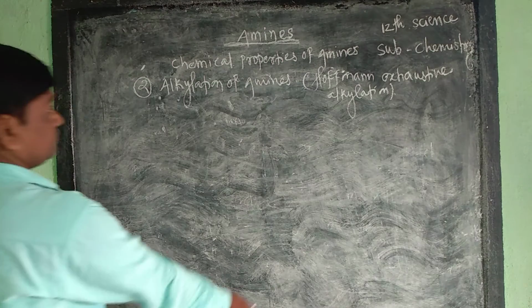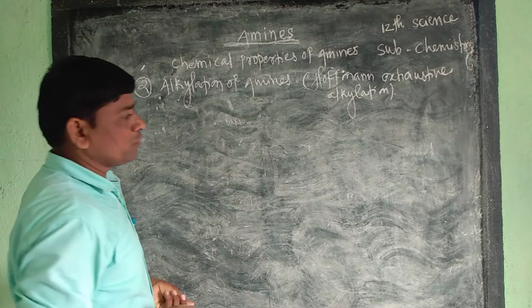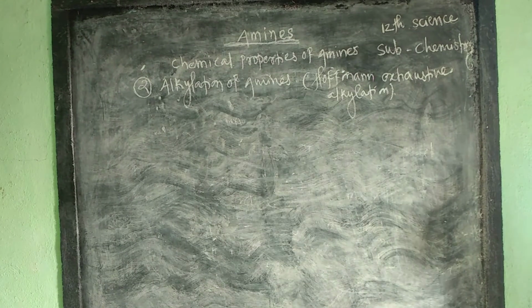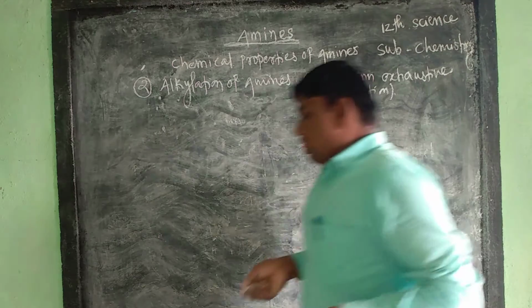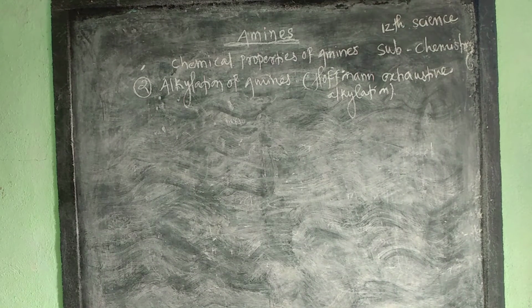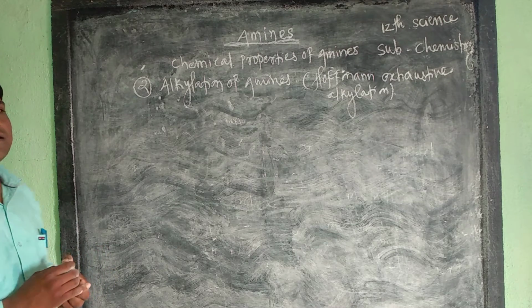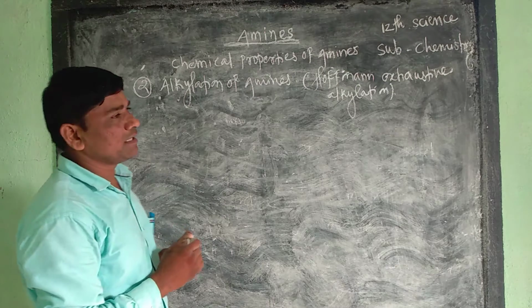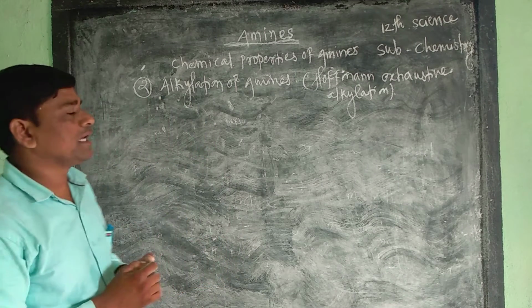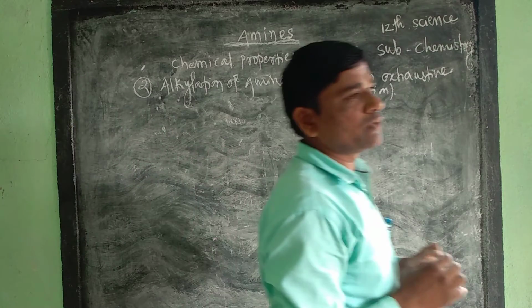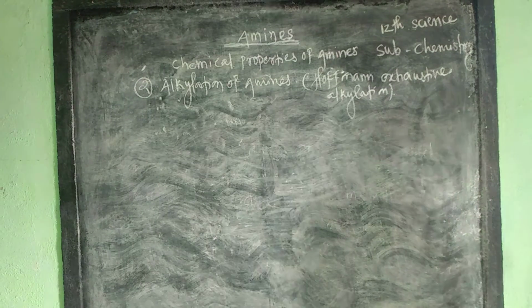In this, when a primary amine is heated with excess alkyl halide, it gives the secondary amine. Now the secondary amine again reacts with alkyl halide to give the tertiary amine, and the tertiary amine again reacts with alkyl halide to give the quaternary ammonium salt.